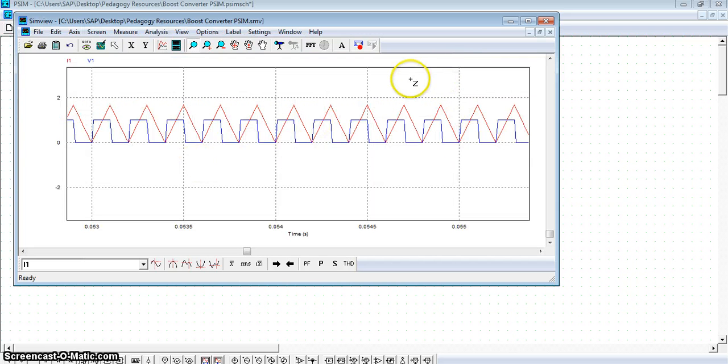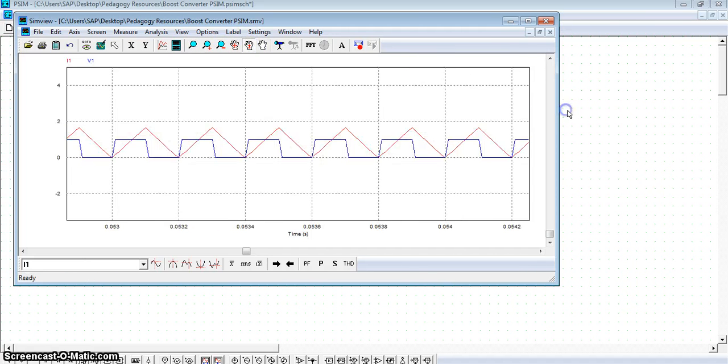Here, as we can see, the input inductor current just touches 0 once at the end of the turn off period, then it again increases, then at the start of the turn off period it decreases, and at the end of the turn off period it reaches the 0 value, and again it increases. That is, here the boost converter operates in critical conduction mode.